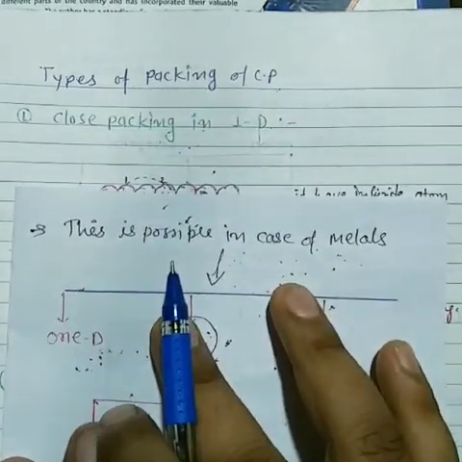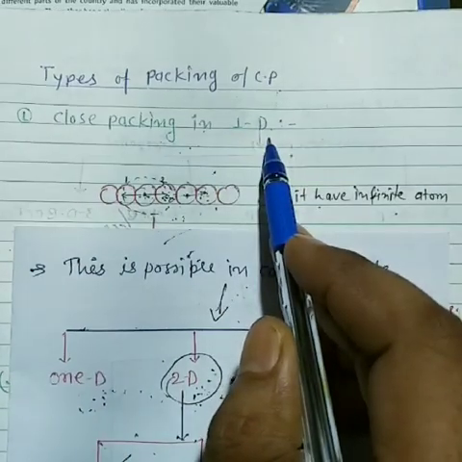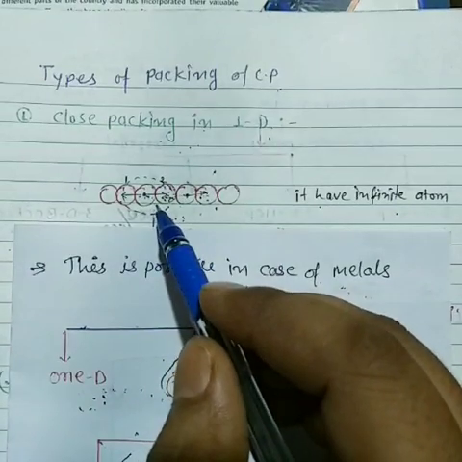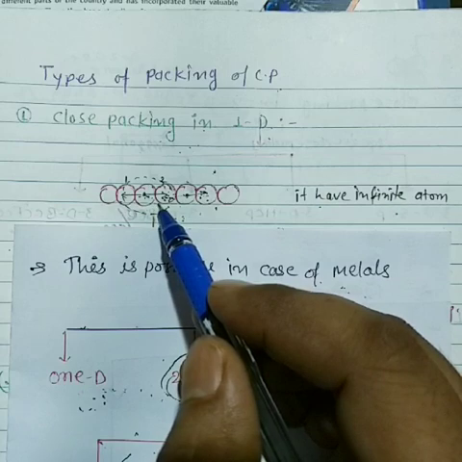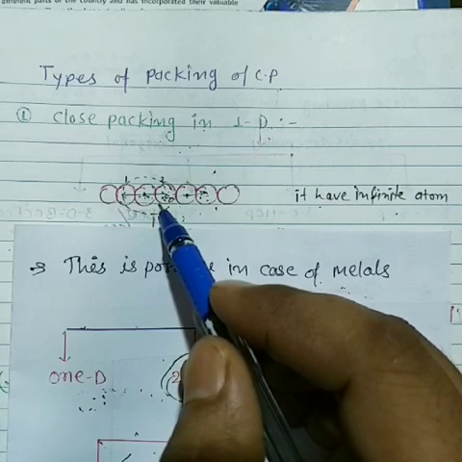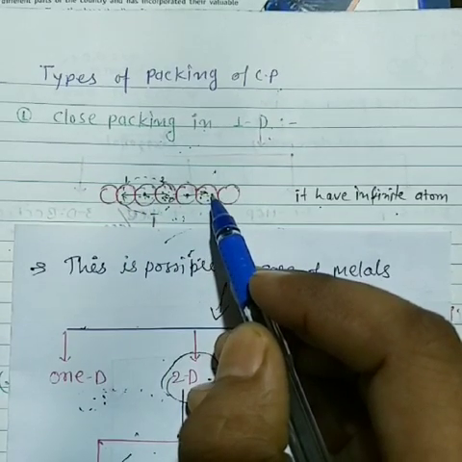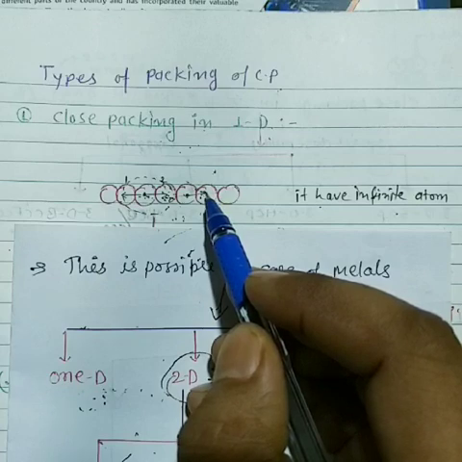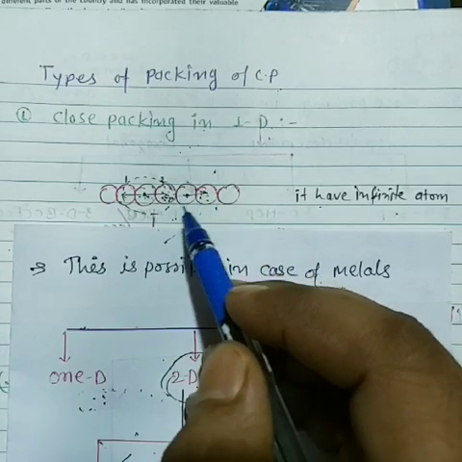So one dimensional, what about it? Now close packing in 1D is very important and is achieved by arranging the atoms in one row. You can see here they are arranged in one row so that they touch each other, and evidently each sphere is in contact with two neighboring atoms.